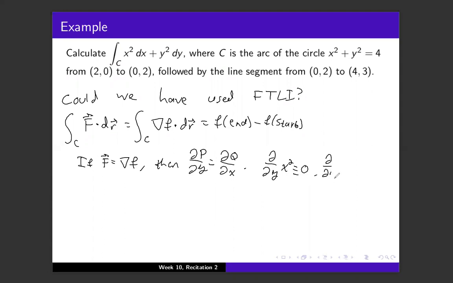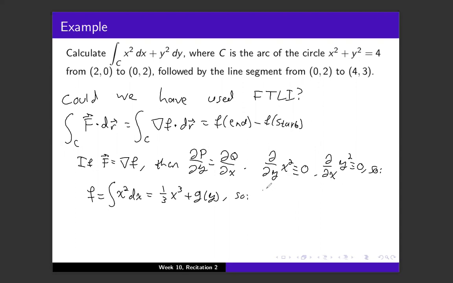And the derivative with respect to x of q, or y squared, is also 0. So it stands to reason that this would work. So f is going to be the antiderivative of x squared dx, which in this case is 1/3 x cubed plus some arbitrary function of y. I don't know what that function is.